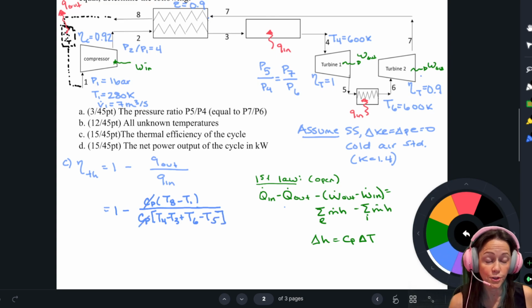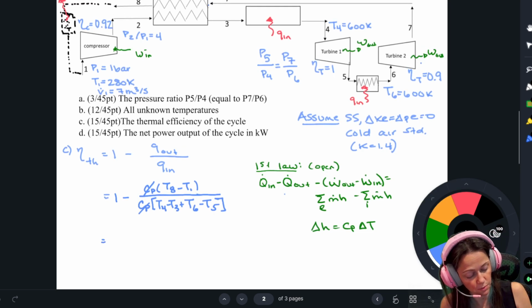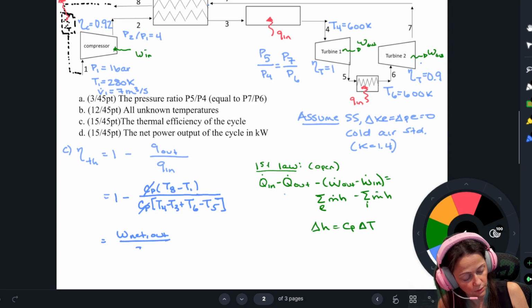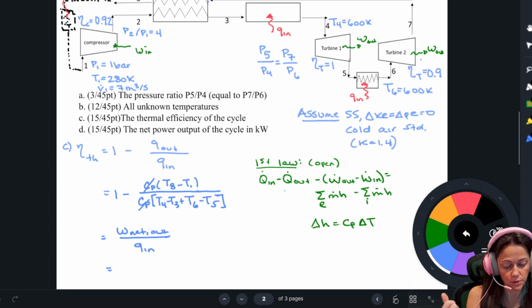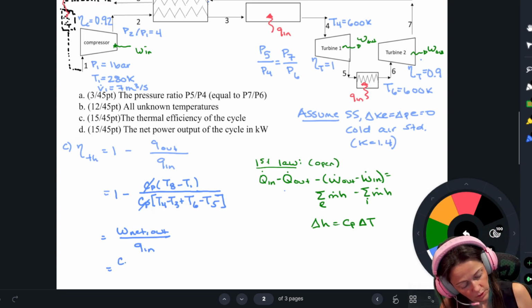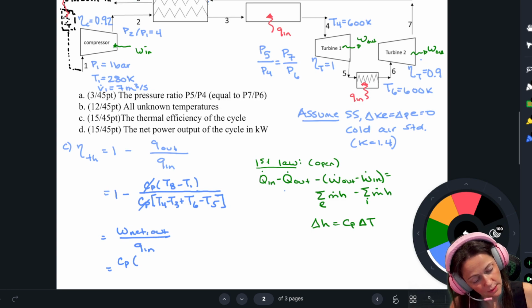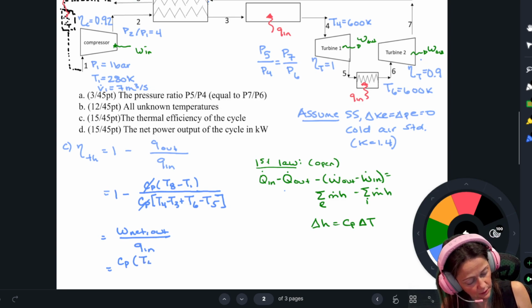Okay. Alternatively, if you wanted to put it in terms of work net out, you could have done that. It's just a little bit longer. So for work net out, you'd have 2 workouts, 1 work in. On the top, you've got a workout for the first turbine, T4 minus T5 plus T6 minus T7.